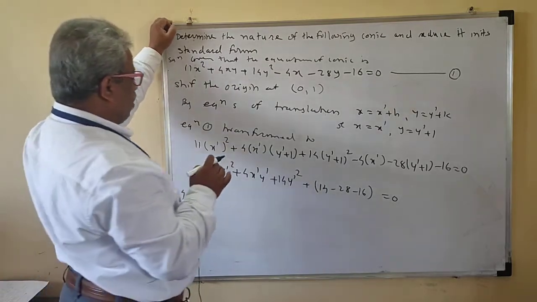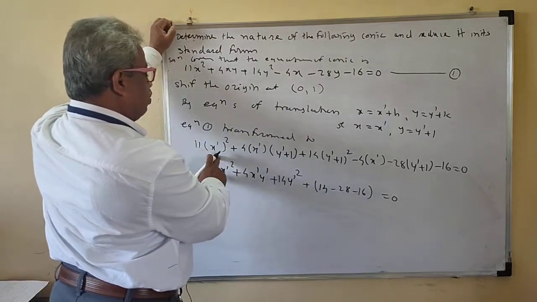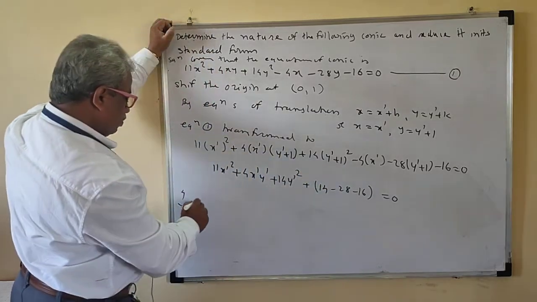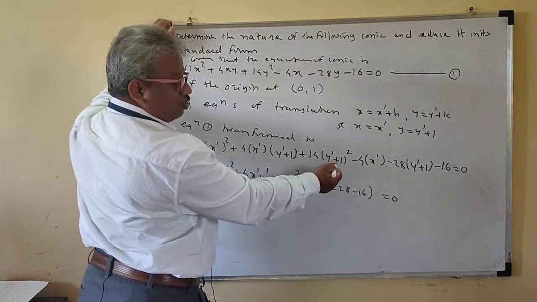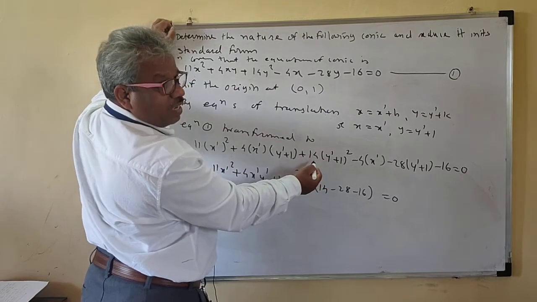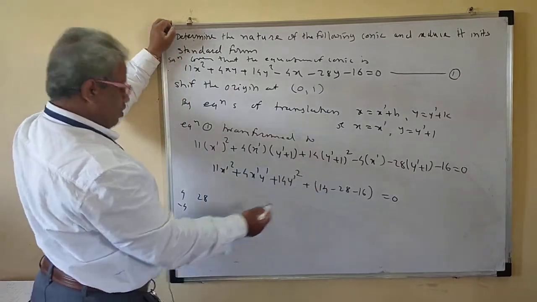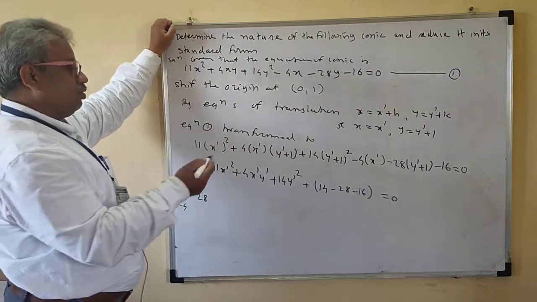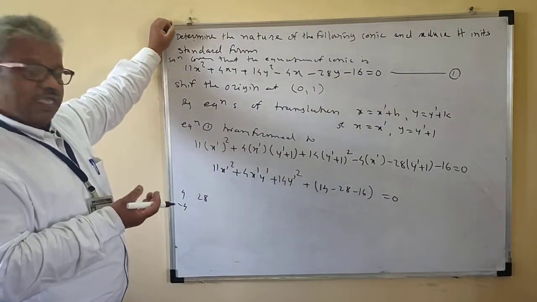Now we'll check y prime. Here there is 28 y prime, twice y prime times 14, and this is minus 28 y prime, so it is 0. So there is no term of x prime and y prime.